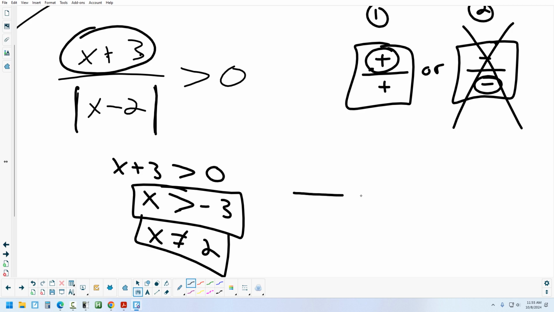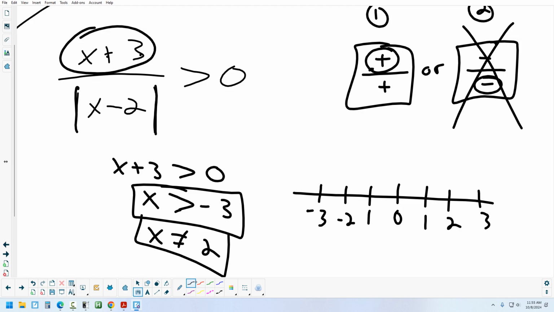So if you want to think of it as a graph, here's negative 3, negative 2, negative 1, 0, 1, 2, 3. Can you pick negative 3 itself? No. So you can't pick negative 3, but you can pick anything that's higher except what number? 2.